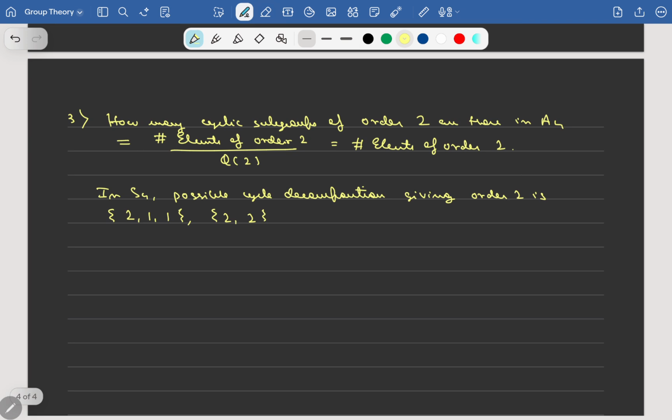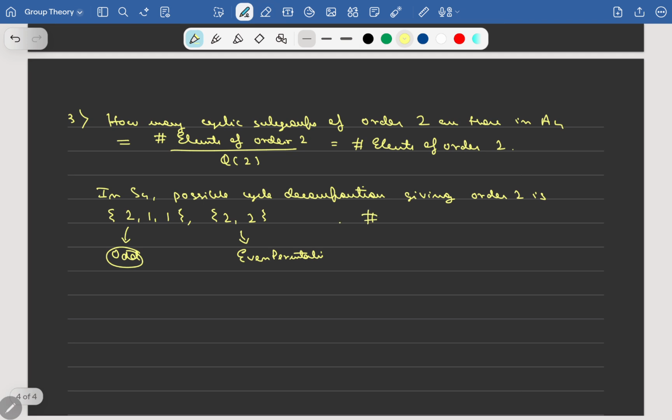But which of them are even permutations? Here you have only one transposition, that is an odd number of transpositions, so this is an odd permutation, but this is an even permutation, with 2 transpositions. So the only possible cycle decomposition is of this form.